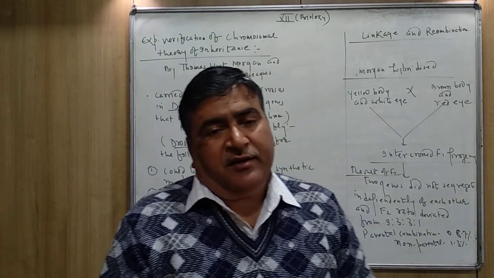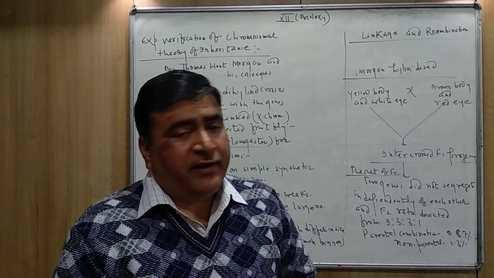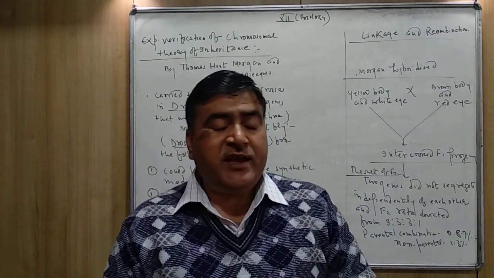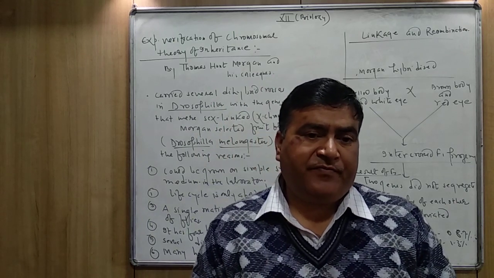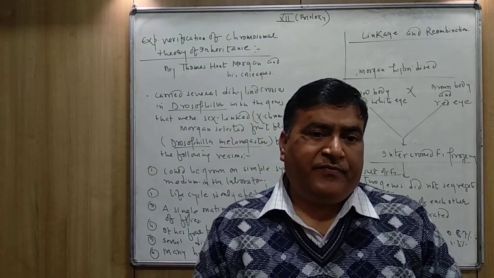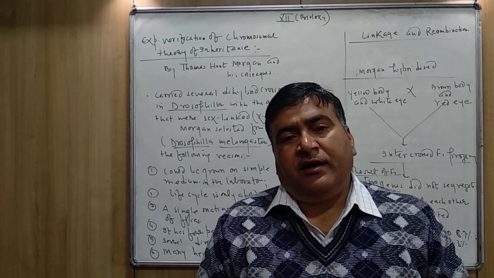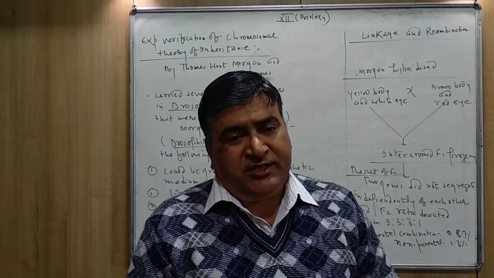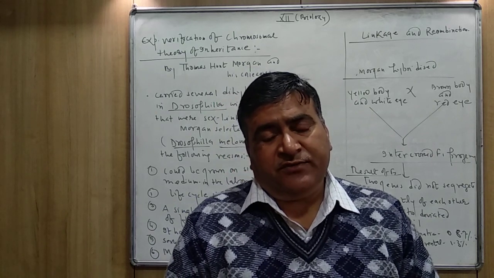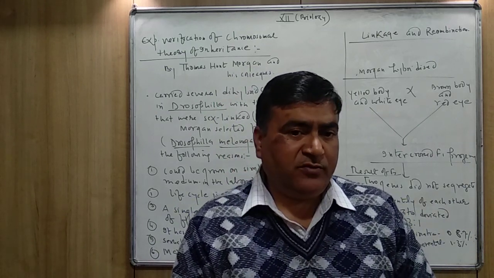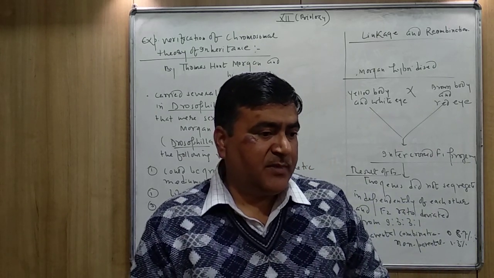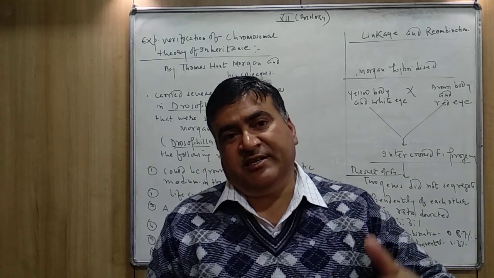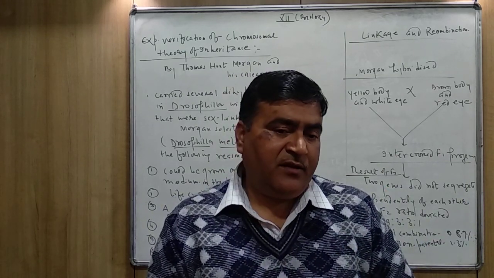T.H. Morgan made different dihybrid crosses, and he considered two genes, how the two genes which are located on the same chromosome are inherited from one generation to the next generation.